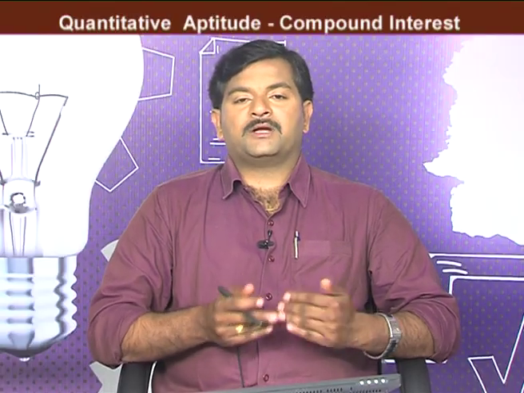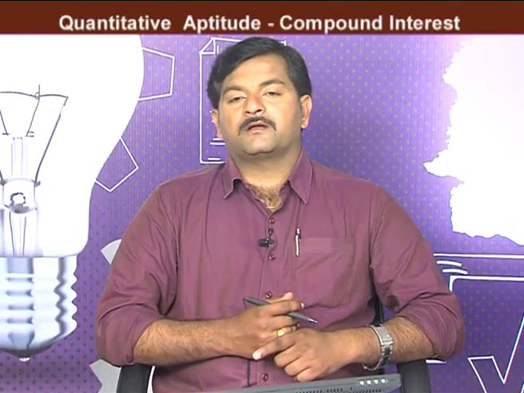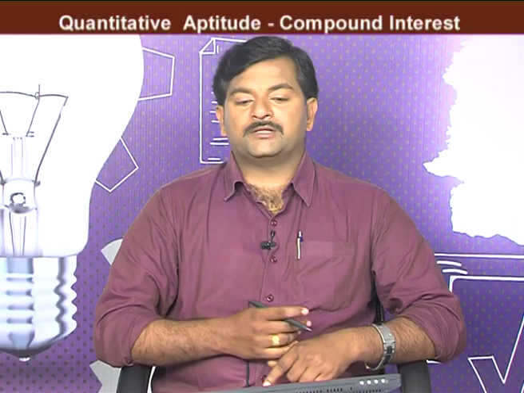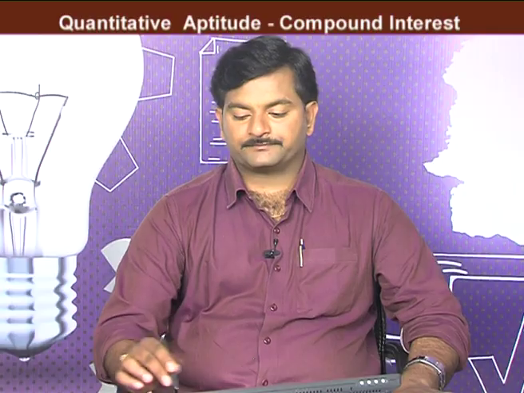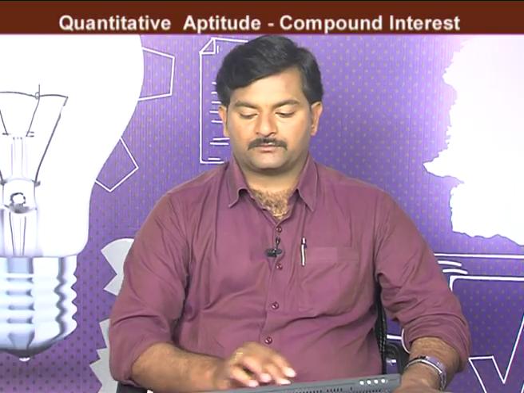That's why 16,000 into 105 by 100 into 105 by 100 into again 105 by 100. After simplification, 18,522 is the amount, but we have to find the compound interest. So amount minus principal. What is my compound interest? 2,522 rupees. I hope you understood. Now we move on to the next question.